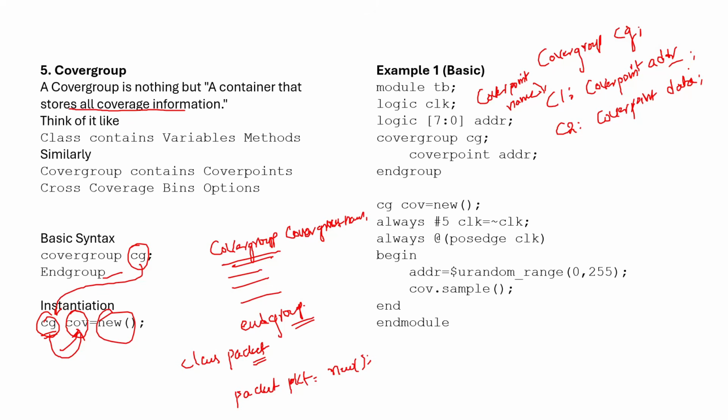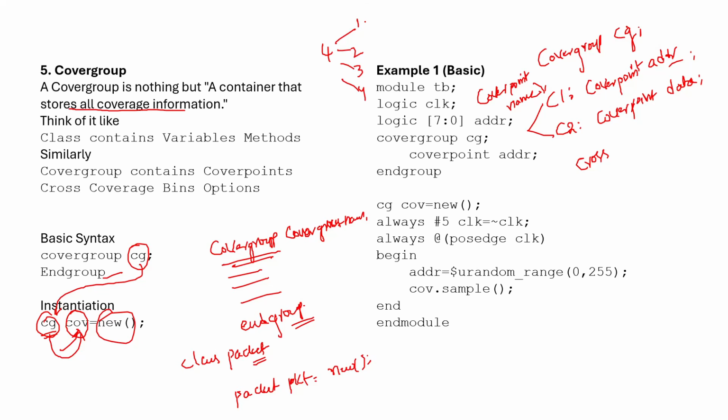And also cross coverage is there. That means we need to write cross. Cross coverage means we have two or more cover points, and in that I need to check everything. See, if four members are there, one, two, three, four, then I need to cross check that the four groups are verified correctly or not.